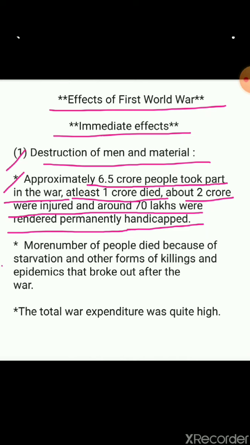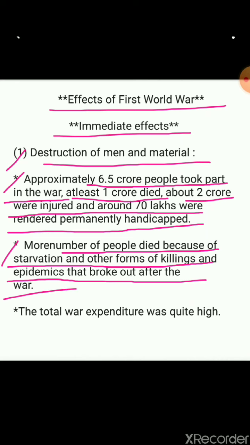Next, more people died because of starvation, other forms of killing, and epidemics that broke out after the war. Now in the second point they say that not only 1 crore but more than 1 crore people died because of starvation. Starvation means hunger.